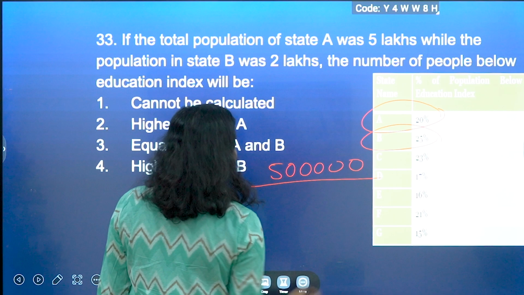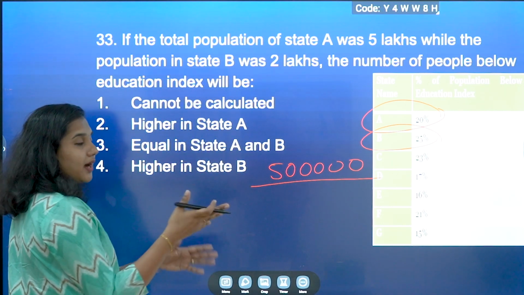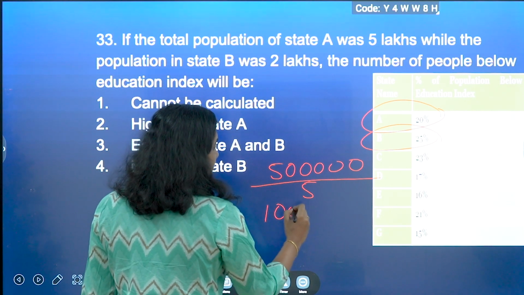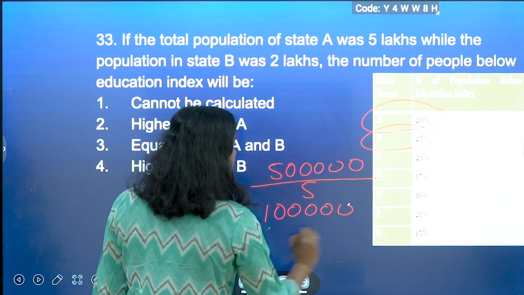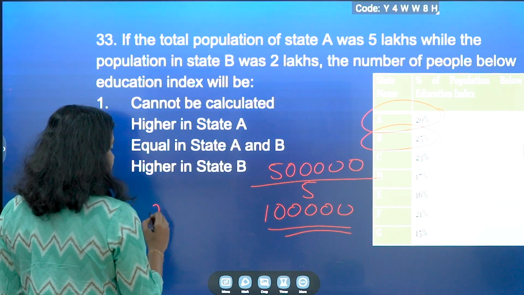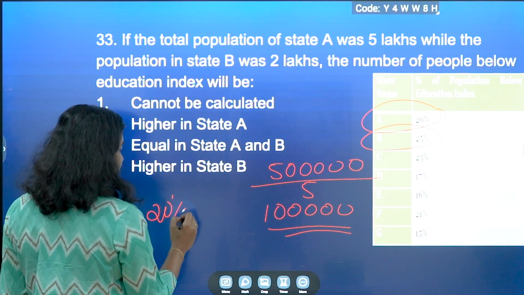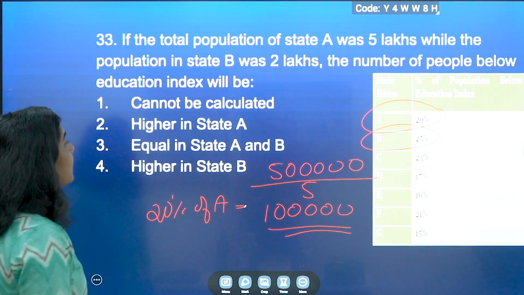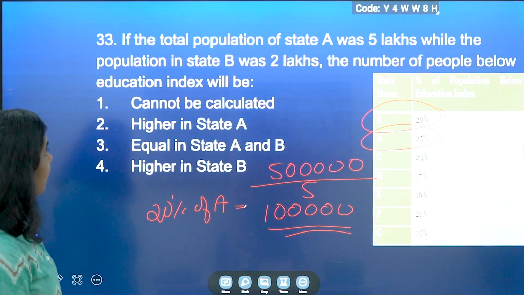For finding out 20%, you have to divide by 5. So when you divide by 5, you will get 1 lakh. So 20% of A is 1 lakh. Now you have to find out 25% of B.